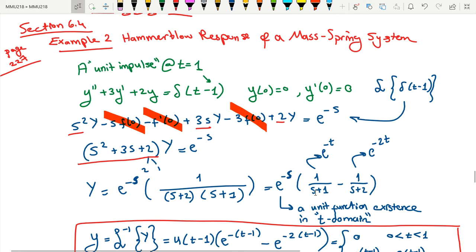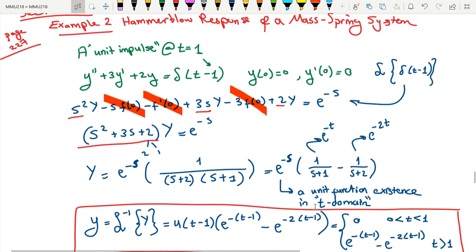So an s shift is reflected in the time domain with the opposite sign, so it's going to be a minus 1 e to the minus t, a minus 2 e to the minus 2t, and I have some sort of a time shift as minus 1 because I have e to the minus s over here. I have a unit function, obviously, that is representing a time domain shift.